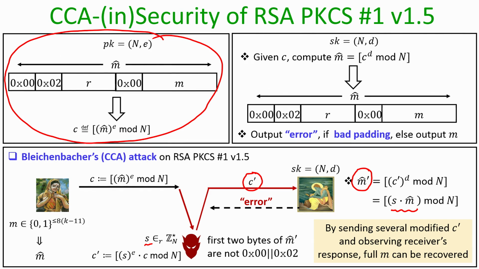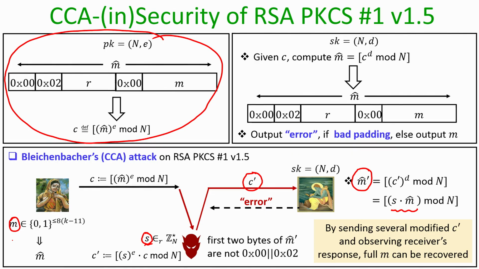Basically, it learns some information about the underlying unknown plain text little m and the value s which the adversary has picked, and it turns out that by sending a sufficient number of such modified ciphertexts and seeing the responses of the receiver, the adversary ends up learning the entire original plain text little m which the sender had encrypted as per this RSA standard. So, that clearly shows that this RSA standard is not CCA secure.